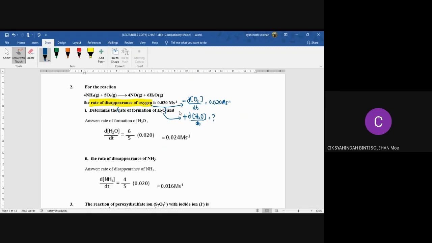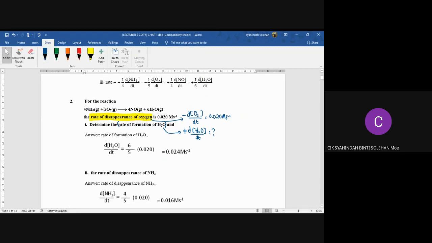First of all, you look at this equation. So you build dia punya differential rate equation. So how are you gonna build this differential rate equation? It's gonna be this whole thing.